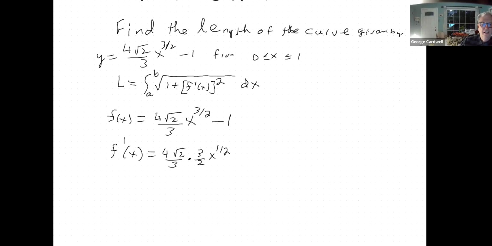And you could rewrite it slightly, because notice the 3's cancel, and 4 cancels with 2, giving a 2. So all I've got left is 2 root 2 times x to the 1 half, which is root x. Everybody agree with me on that?